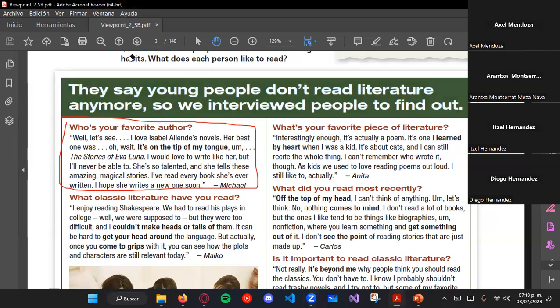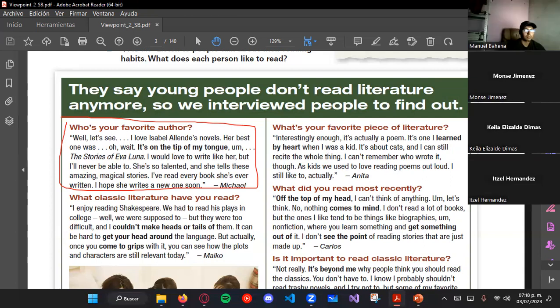Okay, who's your favorite author? Well, let's see. I love Isabella Allende's novels. Her best one was the stories of Eva Luna. I would love to write like her, but I'll never be able to.